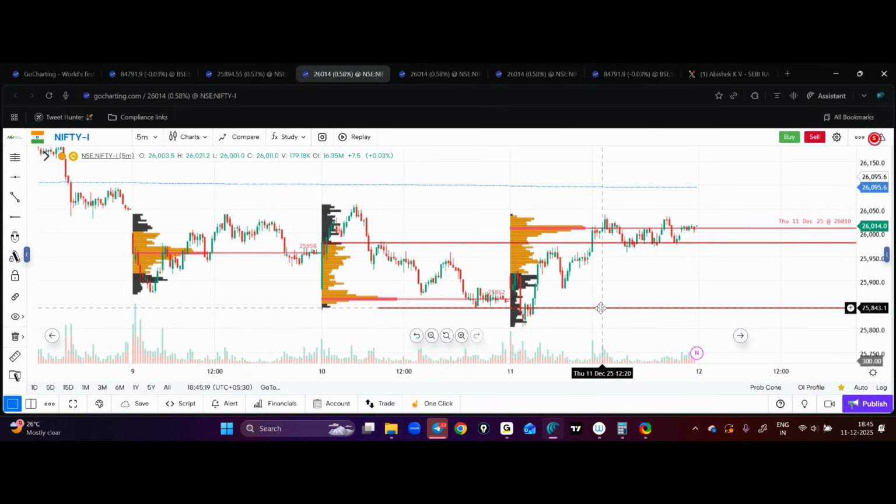I got a chat question. Someone asked, how do you trade D profiles? A good question. D profiles like this, as long as price is within the previous day's range, my logic would be simple. If price is at the previous day's high, I look for selling opportunities.